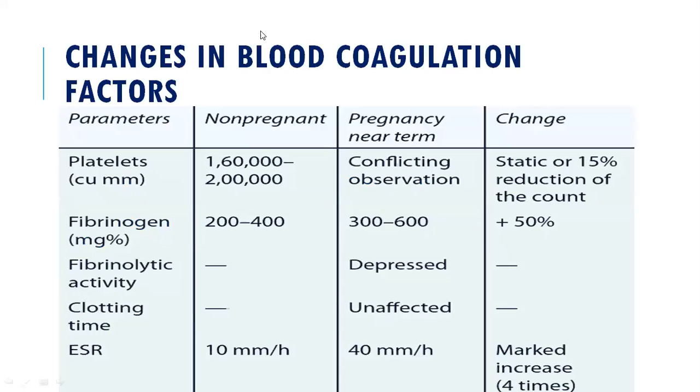Platelets, non-pregnant 1,60,000 to 2 lakhs, are static or show a 15% reduction in count. Fibrinolytic activity is depressed. Clotting time is unaffected. ESR is 10 mm non-pregnant, and 40 mm in pregnancy, a marked four times increase.